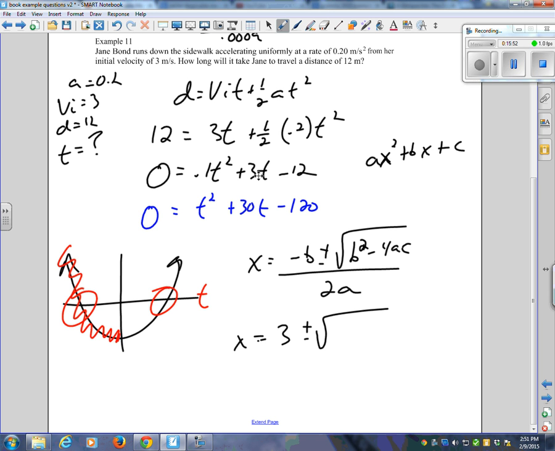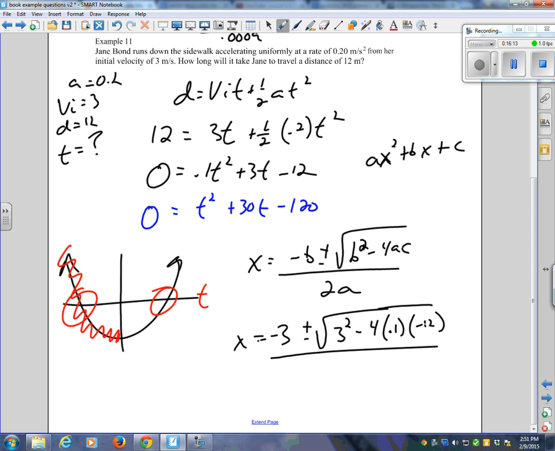Negative 30. You know what? We'll find out right away. Negative 3, yes. Negative 3 plus or minus the square root of b squared, which is going to be 3 squared, minus 4 times a, which is 0.1, and c is negative 12.